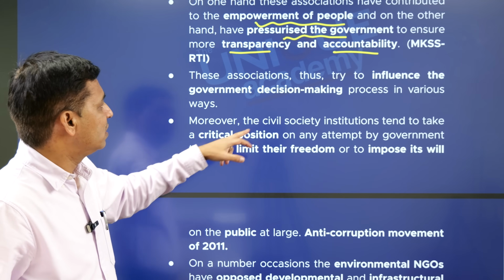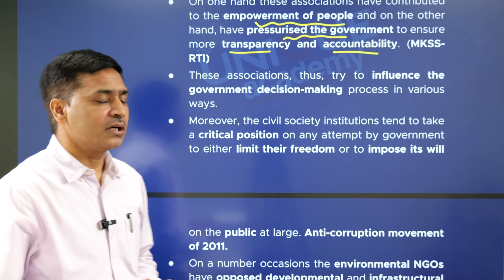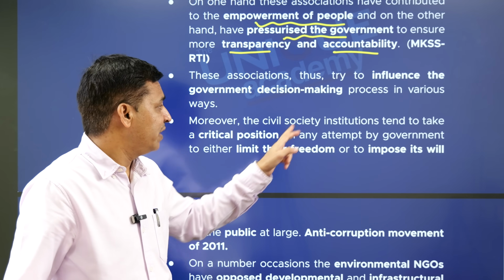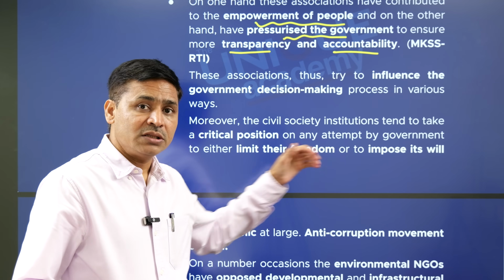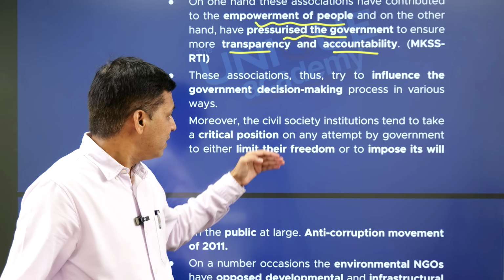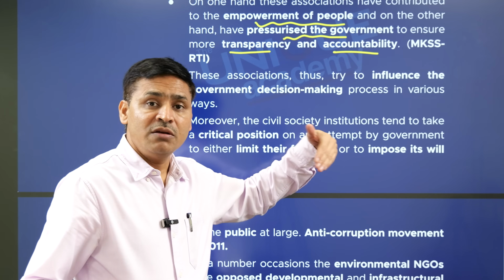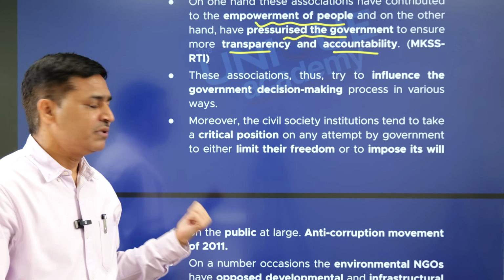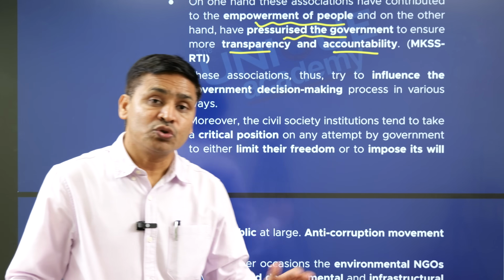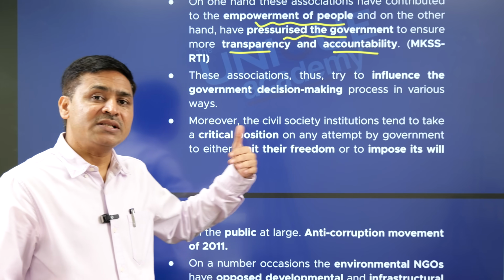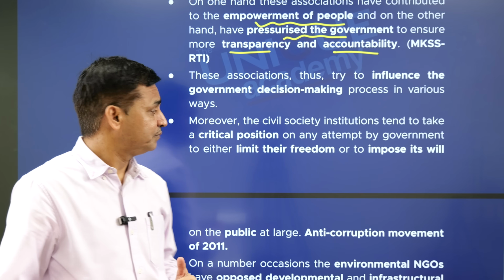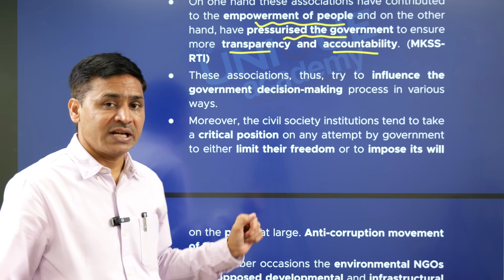Now, moreover, the civil society institutions tend to take a critical position on any attempt by the government which either limits their freedom or imposes its will in the name of the public at large. So this is another very important facet of the role of the civil society. Let us read it once again.